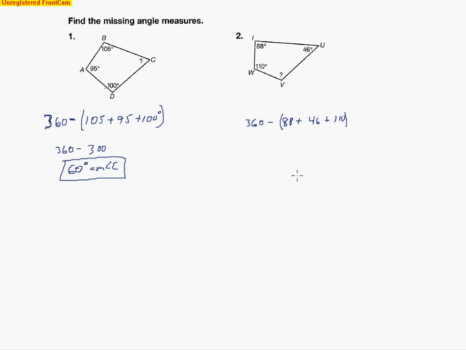When I add up these numbers, I end up with 244 degrees. Now I'm going to take that answer away from 360 degrees, and that leaves me with 116 degrees. That represents the measure of angle V. So the measure of angle V is 116 degrees. Those are the types of problems that you're going to see on Skill 8, Concept 14. Good luck.